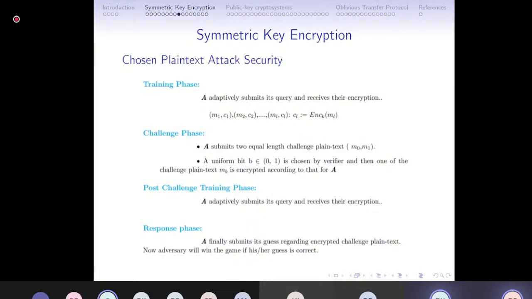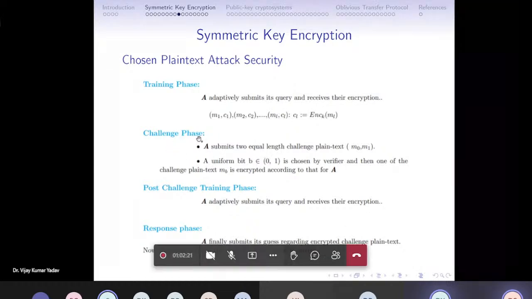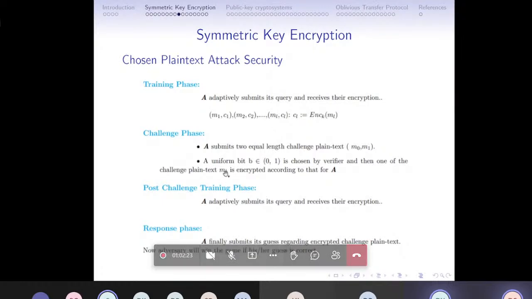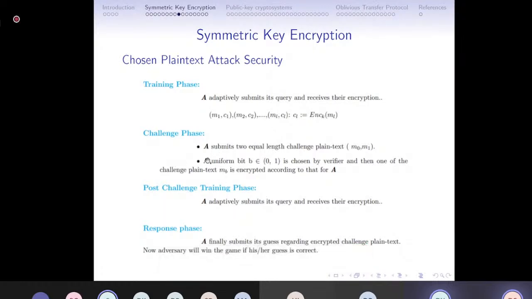set of ciphertexts. Then we give two messages M0 and M1 to the adversary, and the attacker sends the two messages to us, and we encrypt one of them and send it to the attacker.